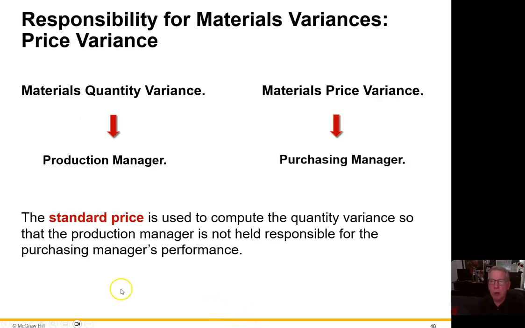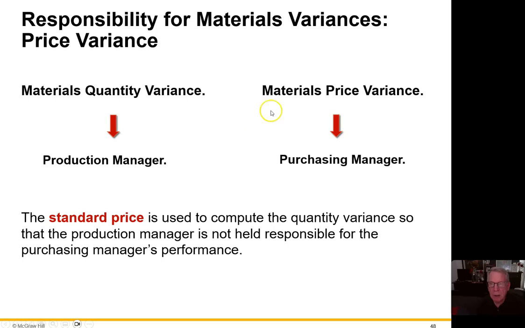All right, who is responsible for what? Here, in the real world, it's a little more blurred, but here our production manager is responsible for the materials quantity variance, where the purchasing manager is responsible for the materials price variance.